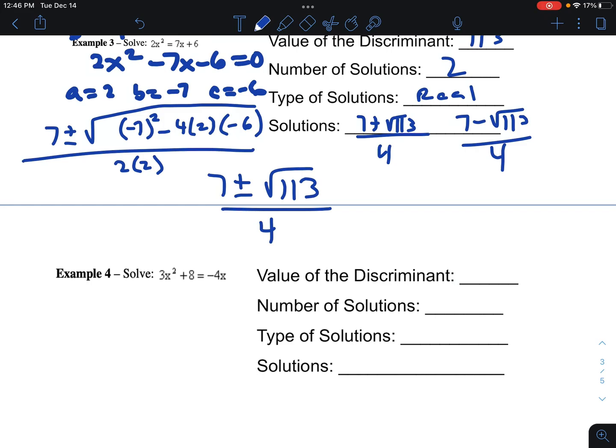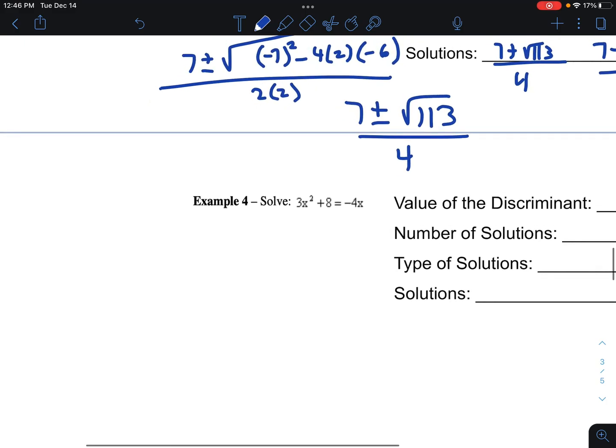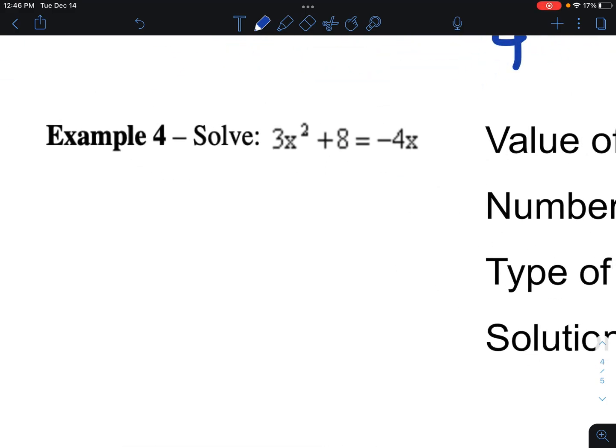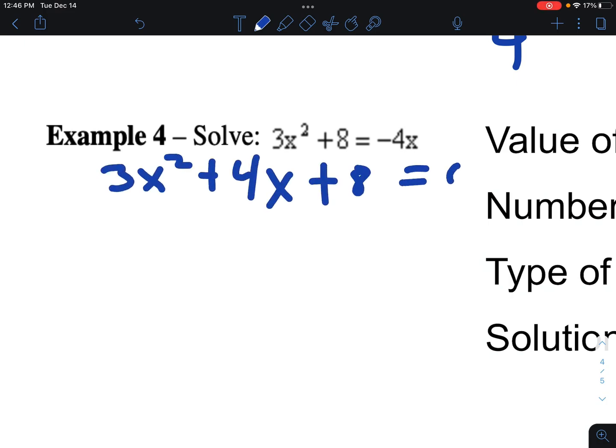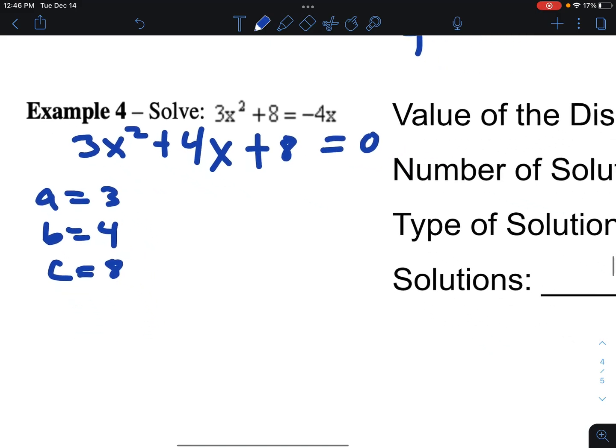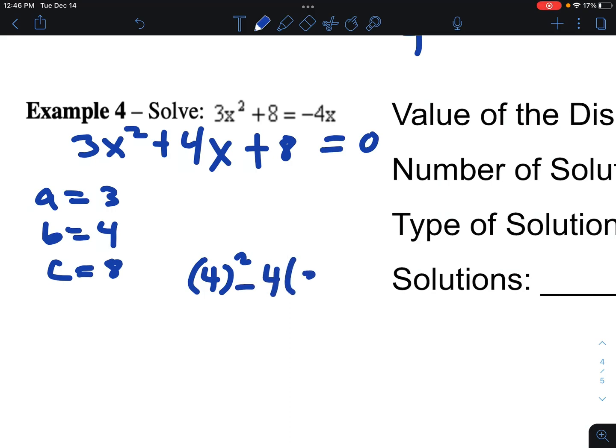Yep, this one looks like it's going to be a negative value for the discriminant. When I rearrange everything, make sure it's in proper form, we got 3x squared plus 4x plus 8 equals 0. All right, a is 3, b is 4, c is 8. So when I do b squared minus 4ac, I got 4 squared minus 4 times 3 times 8.